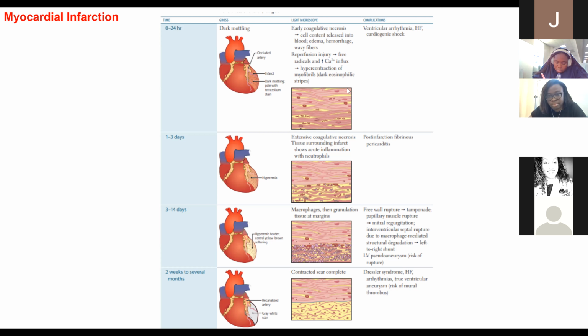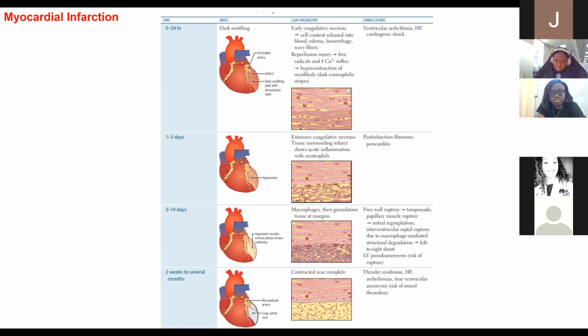Okay. So usually that's within 0 to 24 hours. But you're not really going to be able to see this macroscopically, right, until 12 to 24 hours, where you start to see something called dark mottling. I don't know if that's in your notes.